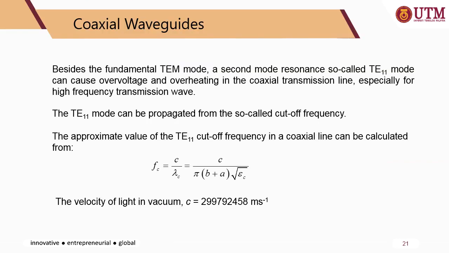And for the coaxial waveguide, its fundamental mode is TEM mode, and the second resonant mode is called TE11 mode. For rectangular waveguide, the fundamental mode is TE10, but for coaxial waveguides, the second mode is TE11.